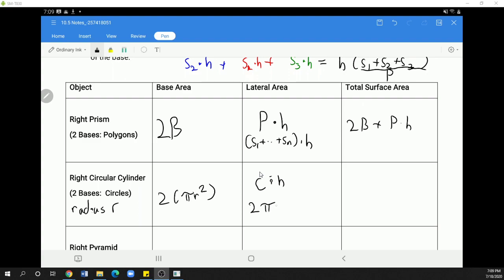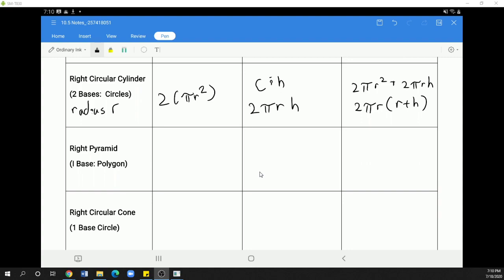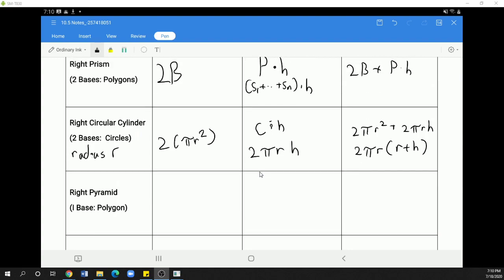That's 2 pi r h. So if we add these two things together, we get 2 pi r squared plus 2 pi r h. You can factor out 2 pi r and get r plus h. So that's the easiest formula to plug in if you know everything. If you figure it out piece by piece, you get the thing above it.